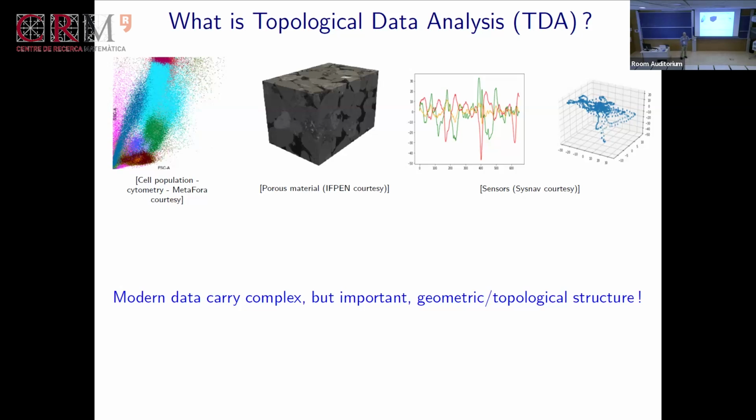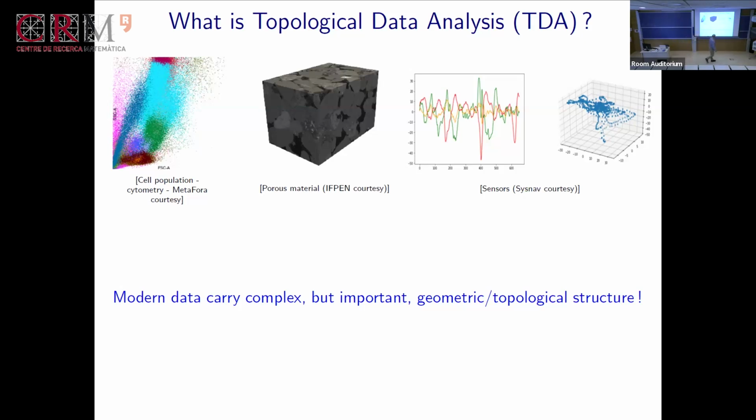Ultimately, the goal is to identify some cells that are characteristic of some kind of disease. Okay? So this is a very first idea: you have a point cloud in some possibly high-dimensional space, sampled around some kind of topological structure, and you want mathematical and algorithmic tools to be able to characterize and to say something about this underlying structure.